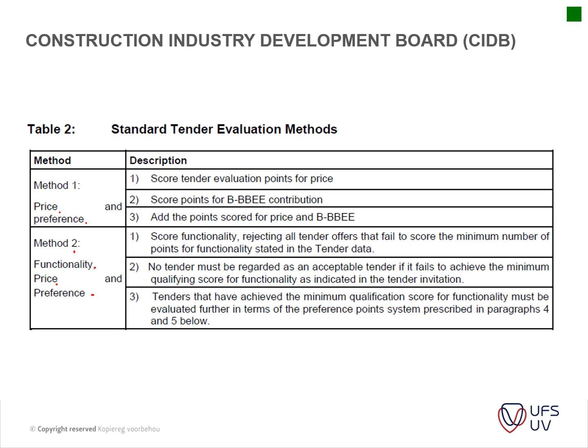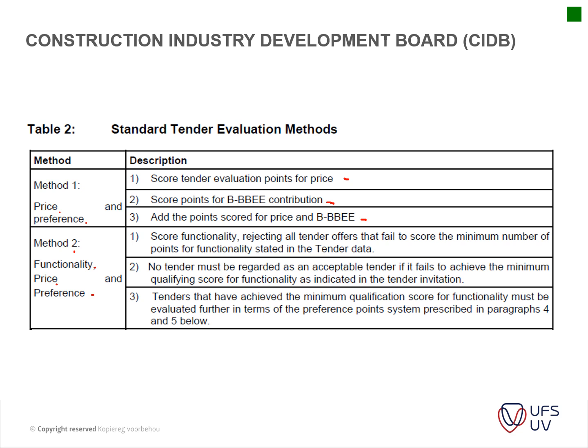So just looking at the descriptions here, you score tender evaluation points on price, you score points on your BE contribution, and you add the point score for price and BE. So basically you just score your tender document. So these days everything above 5 million is 80-20, or above a million, I apologize.